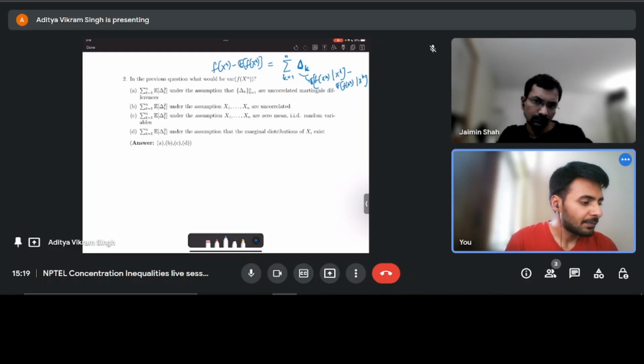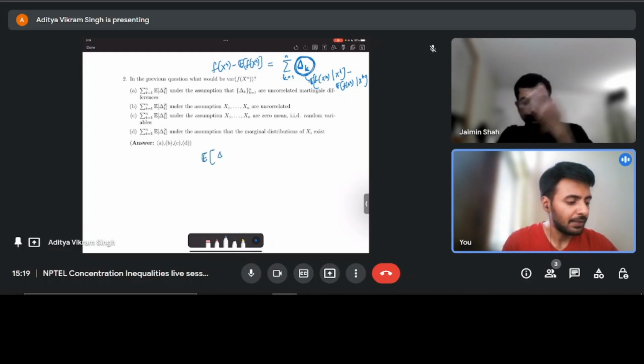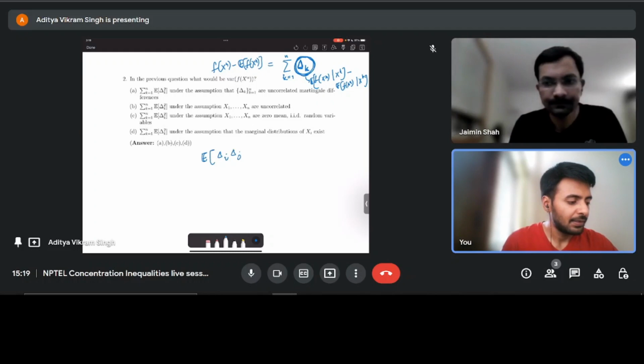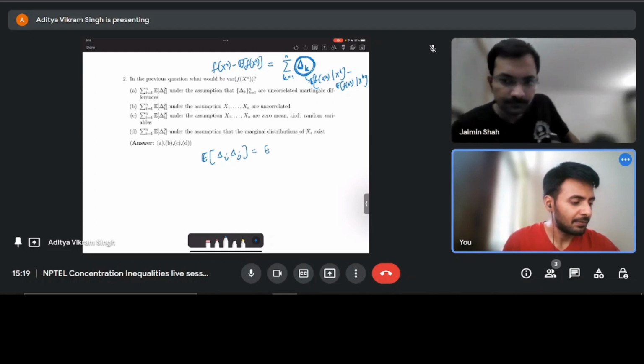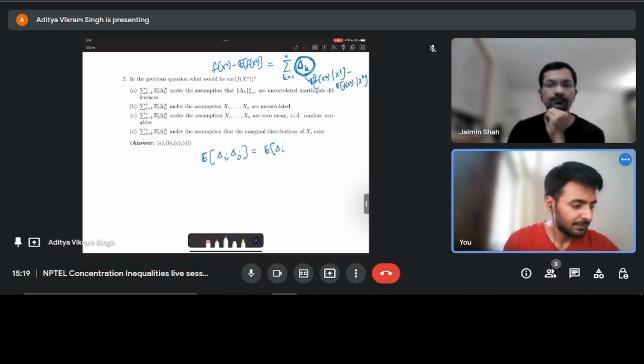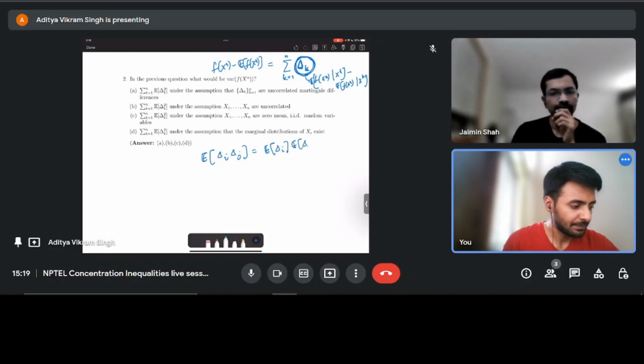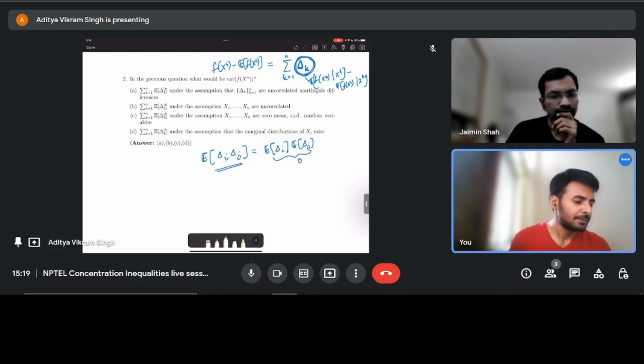Then we proved that these random variables are uncorrelated, which means that the expected value of delta i delta j is the same as the expected value of delta i times the expected value of delta j. We proved that this is 0, so uncorrelated means the expectation of delta j is 0.